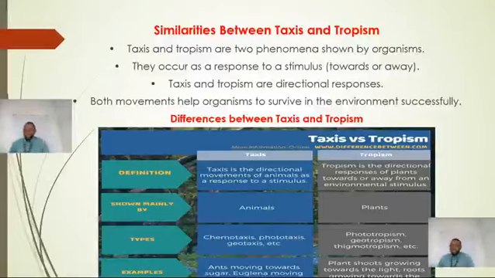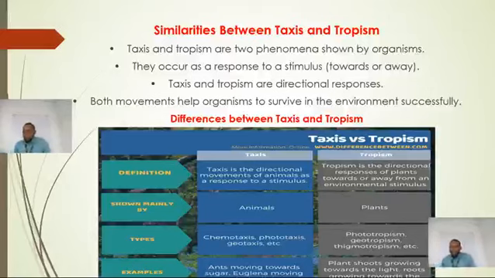The types: we have chemotaxis, phototaxis, geotaxis, while in tropism, we have thigmotropism. That one is different from taxis. If we even have phototropism, chemotropism, we cannot have thigmotropism, we cannot have thigmo in that of taxis.